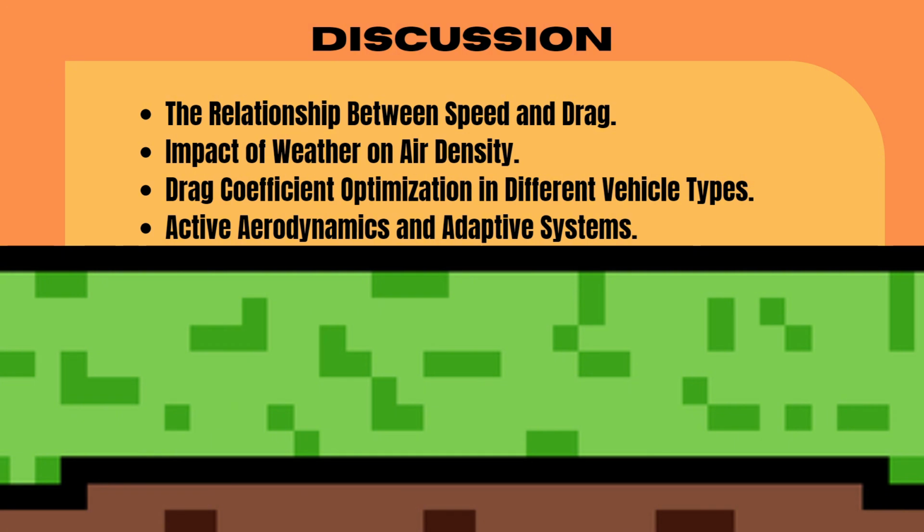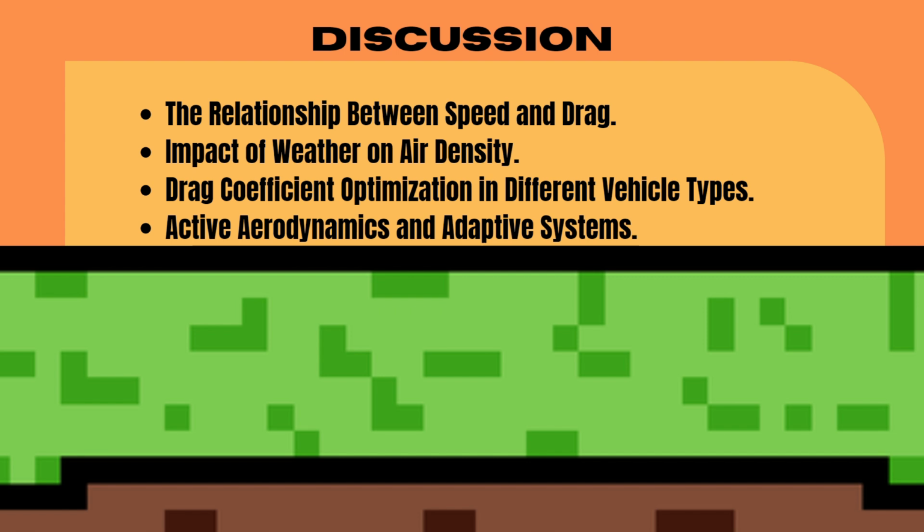EVs are particularly sensitive to drag because higher drag means reduced range on a single charge. This is why many EVs, such as Tesla Model S or Lucid Air, are designed for very low drag coefficient. Then we also have the trucks and commercial vehicles. These are generally boxy and have a high drag coefficient, so design improvements like adding fairings, roof reflectors, and side skirts help streamline airflow and improve fuel efficiency.